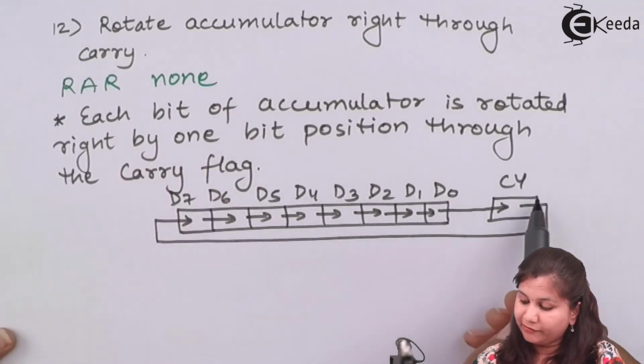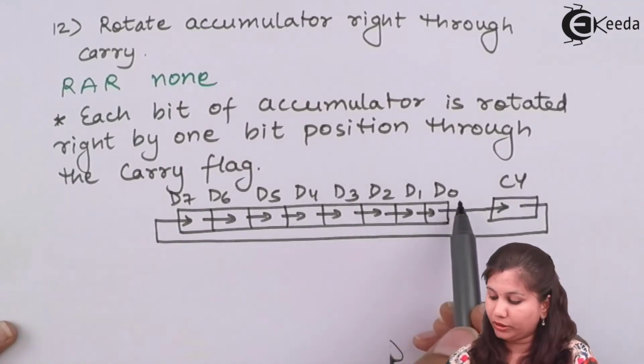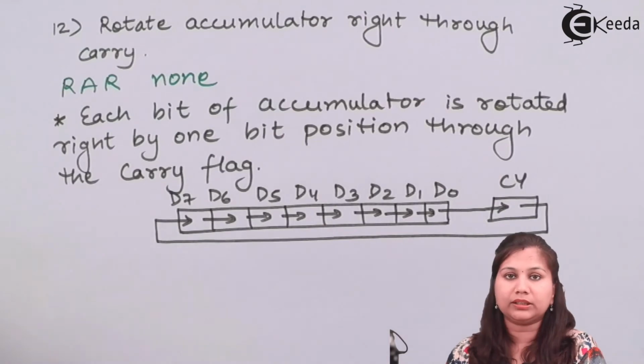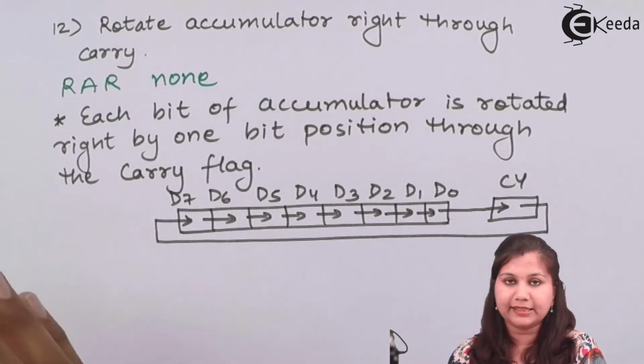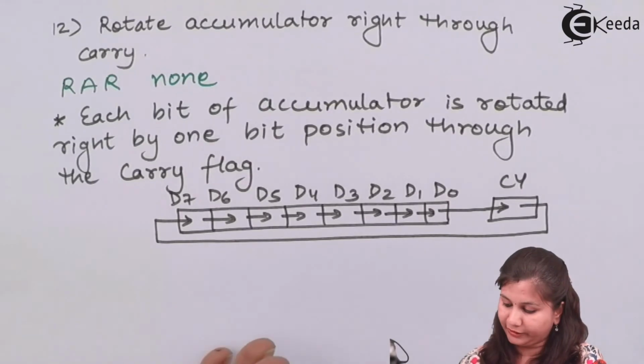Now here the carry flag is modified according to the bit number D0. And all the other flags like sign, zero, parity, auxiliary carry will not be affected.